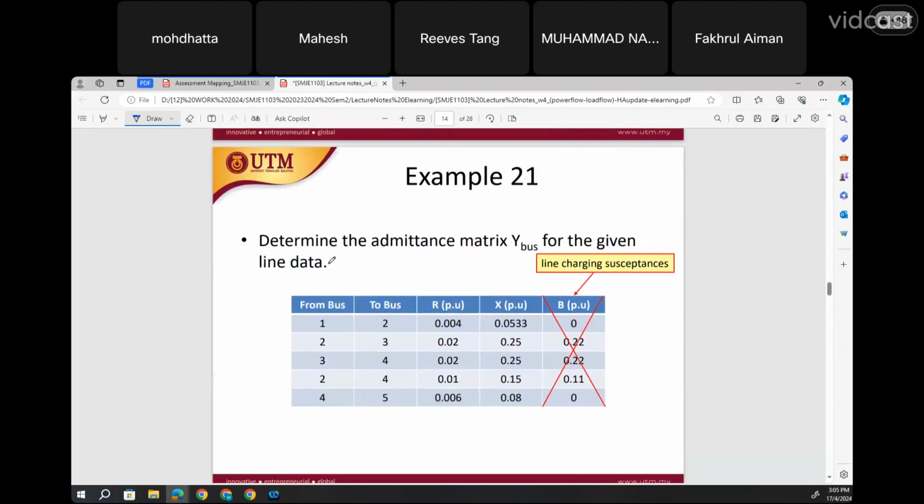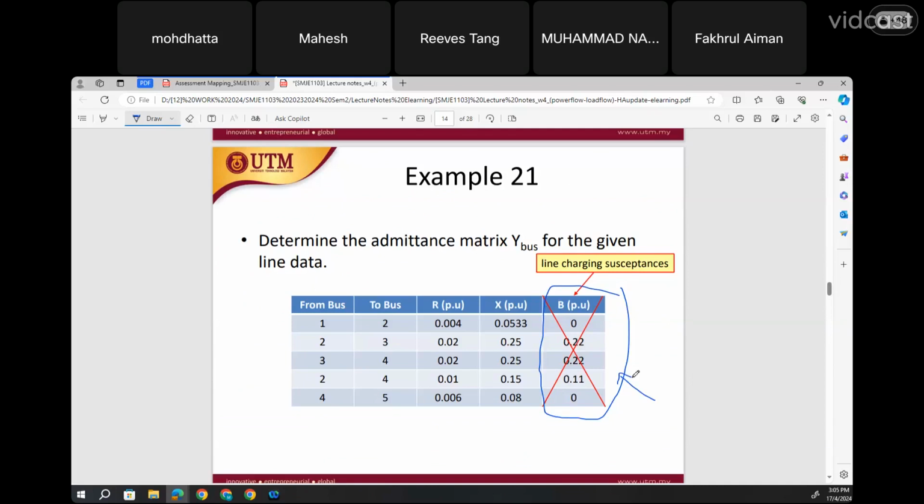In this example, we need to determine the admittance matrix Y bus for the given line data. Can we neglect this part for this course? Because I believe this one needs further understanding about networks. Normally, this would be a third year or fourth year course.